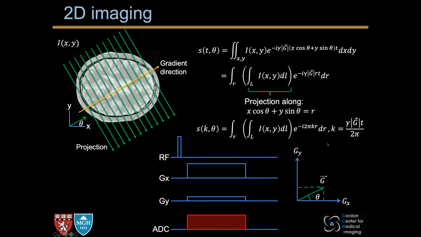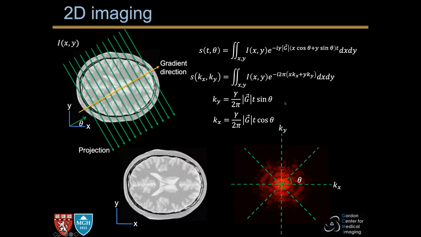Another way to look at this is we can still calculate the k-space coordinates with the applied gradient directions, and we can see that the k-space coordinates have x components and y components as calculated here.